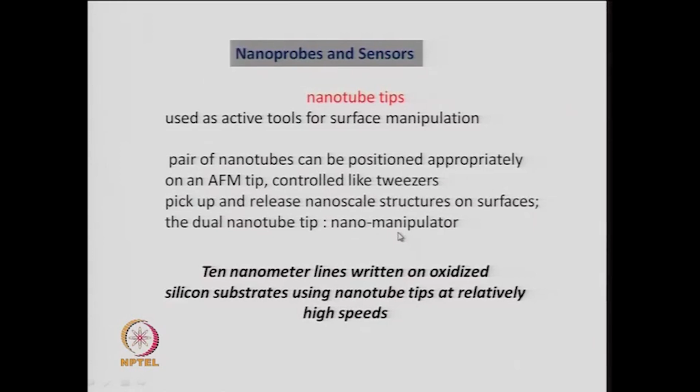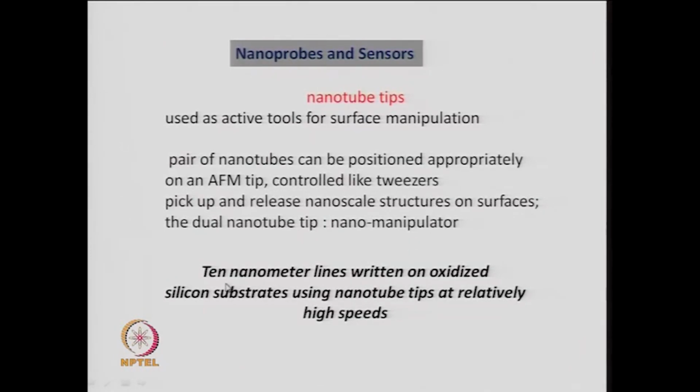So, a nano manipulator is something which can manipulate objects on a particular surface at very small or nanometer like movements. You are picking up a nano structure and you can move in nano dimensions and place it in a particular position which is pre-designed. So, this kind of application of a nano manipulator has been shown with carbon nanotubes.